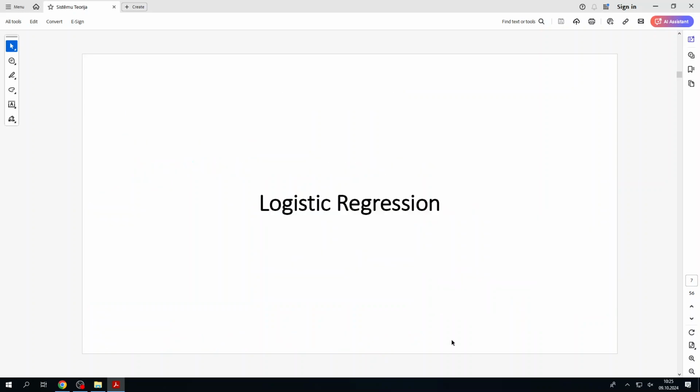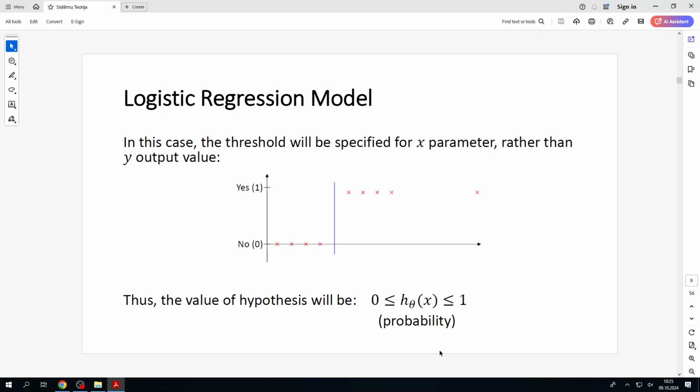Then we moved on to logistic regression, which is used for predicting different kinds of classes. So this is a classification problem, when you need to say if this data belongs to one class or to another one.